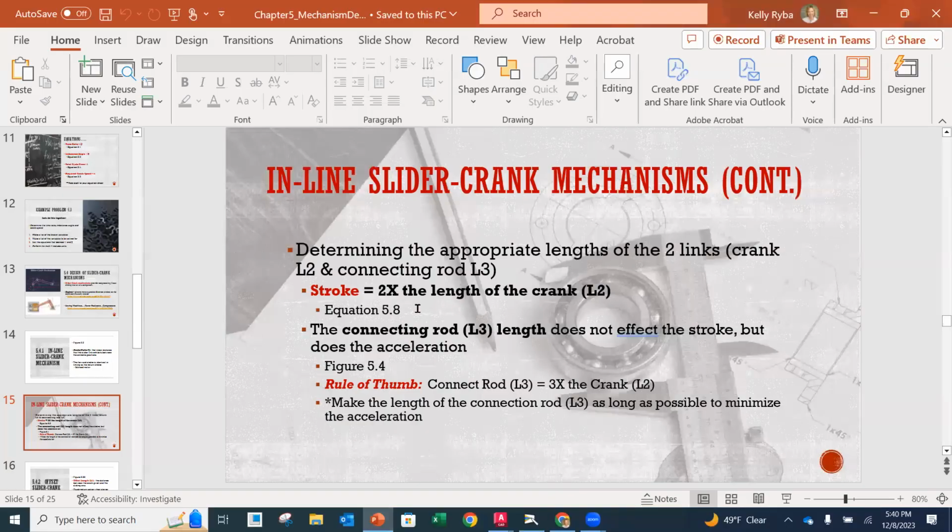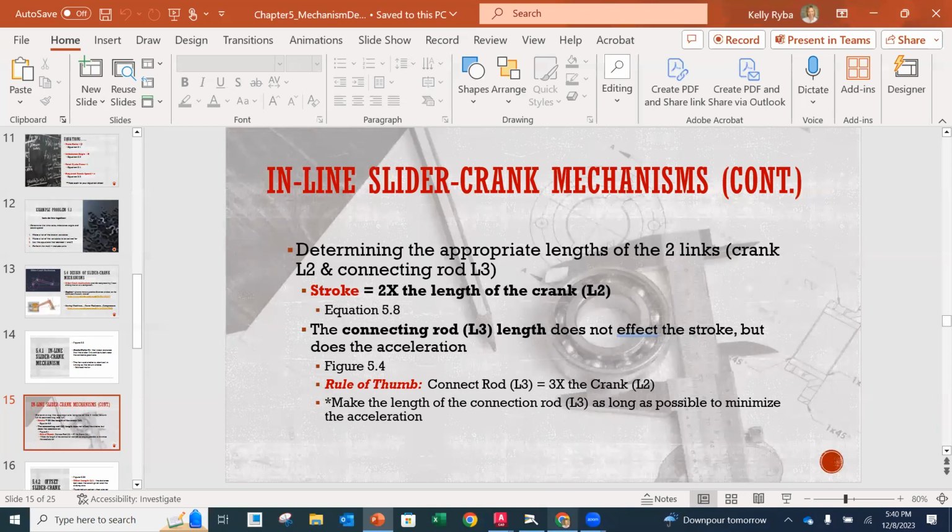So that's a known relationship for inline slider crank mechanisms, and that's equation 5.8 in your book. We're going to find that some of these relationships are specific to different types of mechanisms. For the slider crank, when we know its stroke and it's an inline arrangement, our stroke is going to be 2 times whatever our crank is, or our crank is going to be half our stroke. If you want to add that to your equation sheet, you can do that.